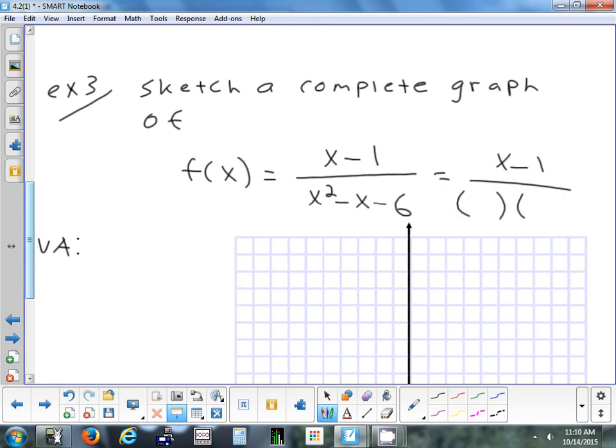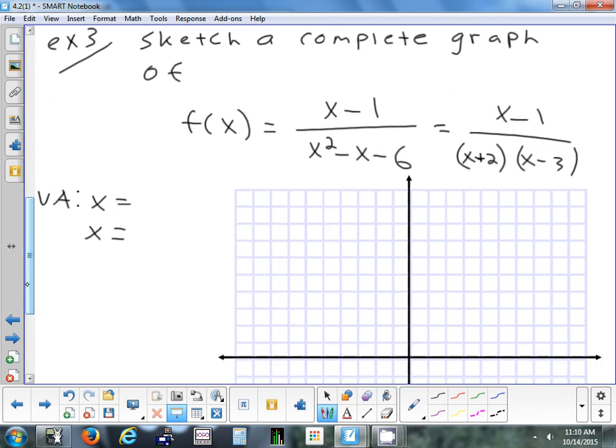If we factor the bottom, it's going to factor with a 2 and a 3. Let's try minus 3 plus 2. Minus 3 plus 2 is minus 1, and 2 times negative 3 is negative 6. Good. So we've got 2 vertical asymptotes. Dave, what are going to be my 2 vertical asymptotes? x equals negative 2.